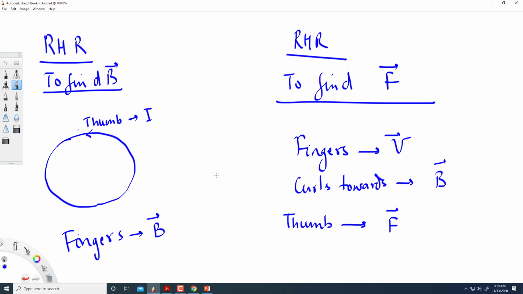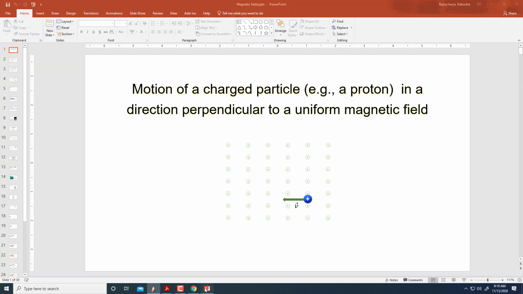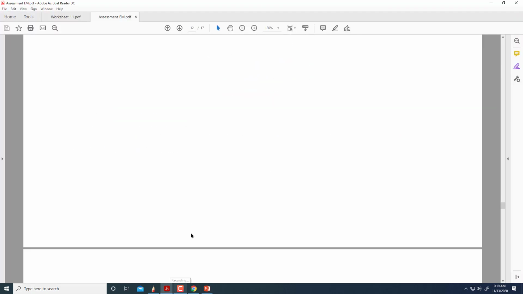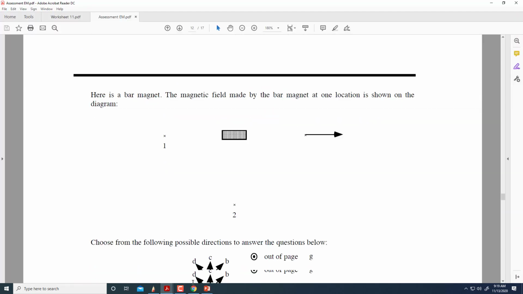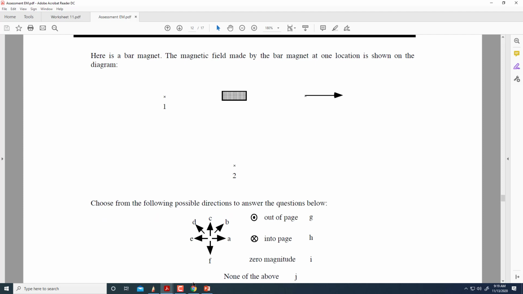Okay, so let's look at one more question here. So this is about the magnet. We have a bar magnet, and that's the direction of magnetic field at that cross mark.